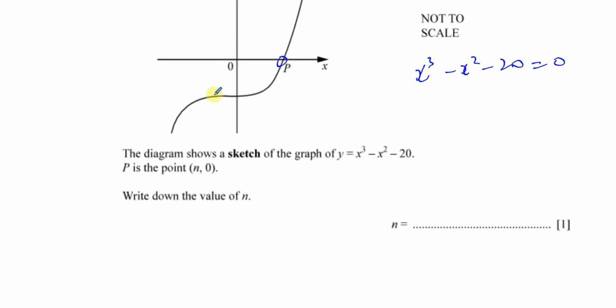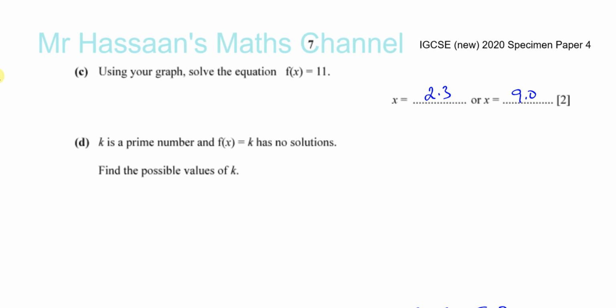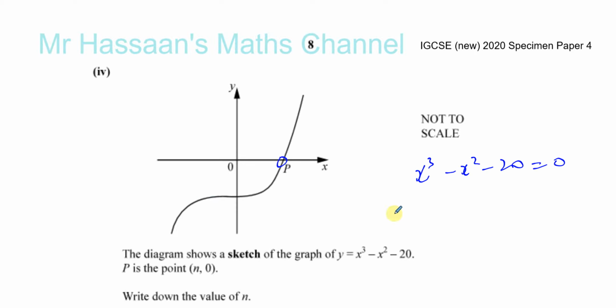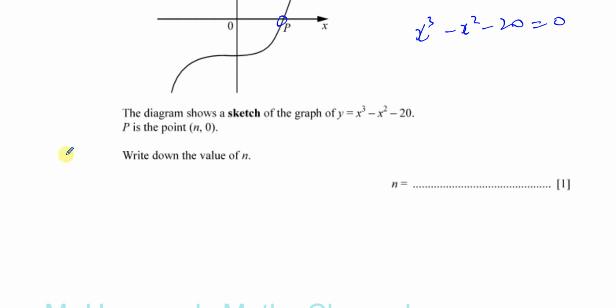This is the graph of the function you get when you rearrange the original equation. So the solution to where this equals 0 is exactly what we just wrote down, which was 3.6. That's why it says write down. It's not a question where you have to calculate anything. It's only worth 1 mark. And there we have the answer to this question.